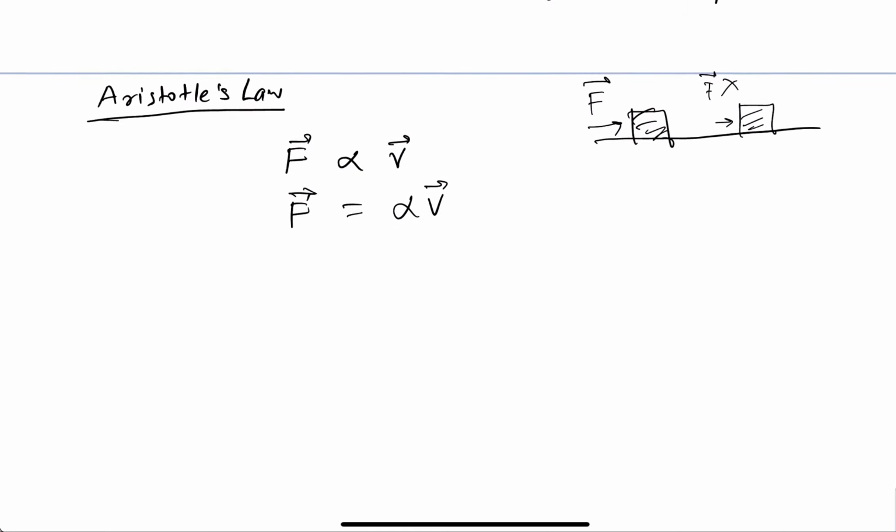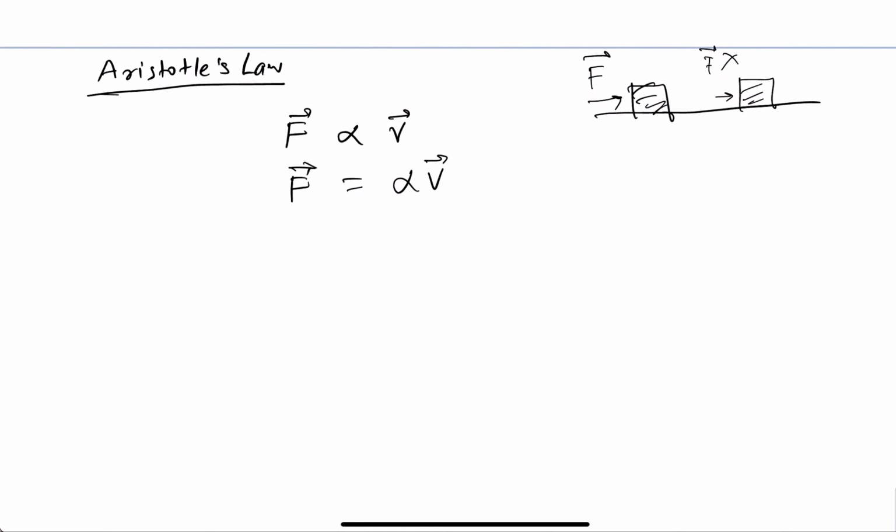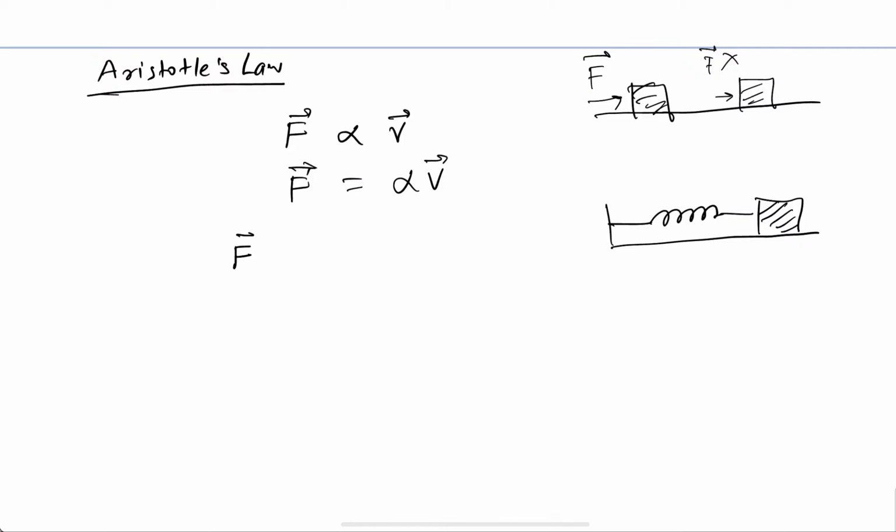So the way we do it is we do some experiments. We can think of a very simple experiment. Let's say we have a spring that is connected to a mass. Now, for a spring, you know that if you take a spring and extend it, the force applied by the spring is minus k times x.